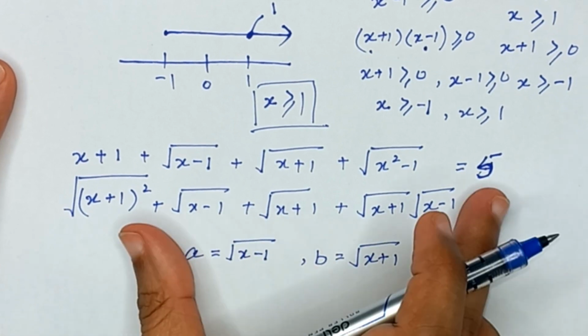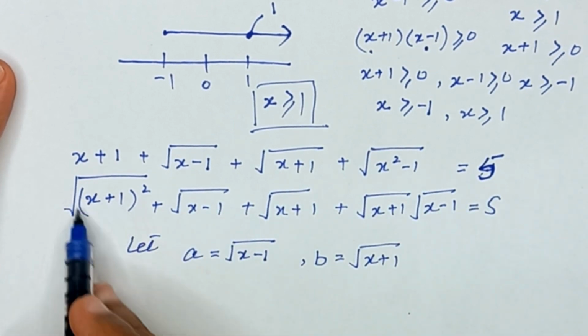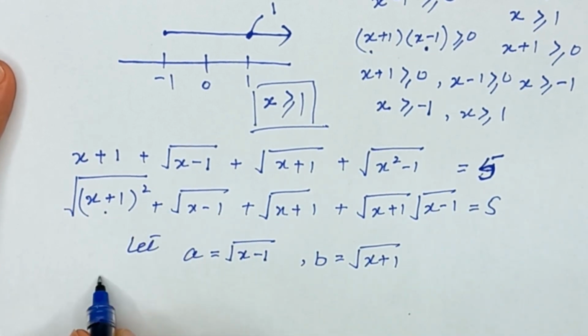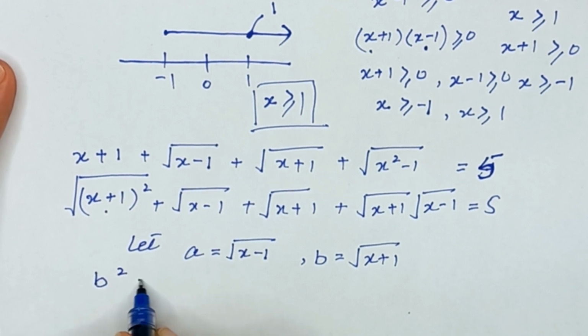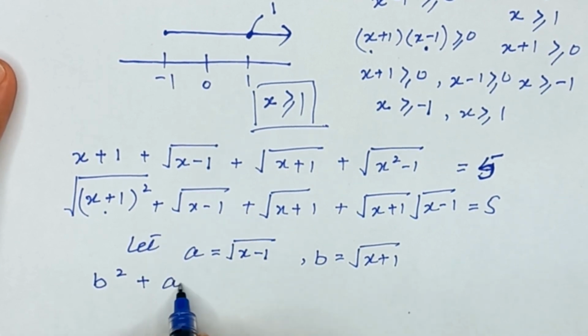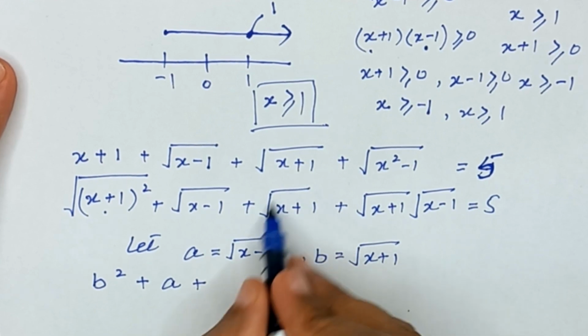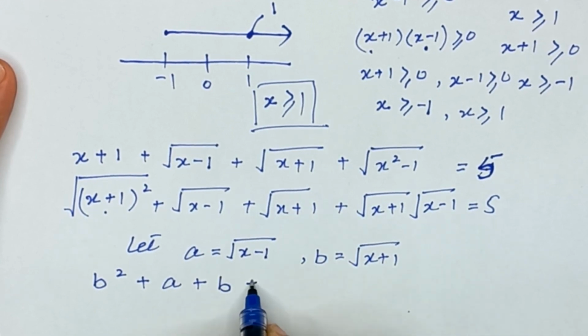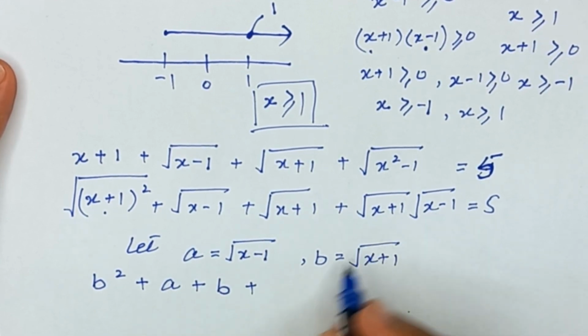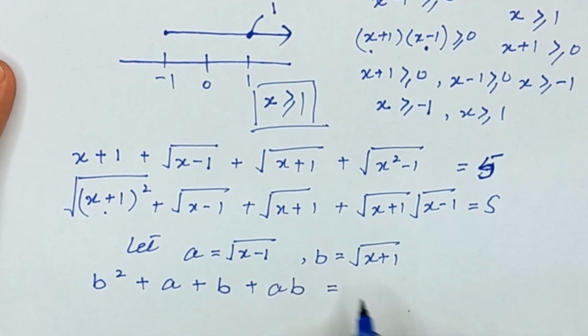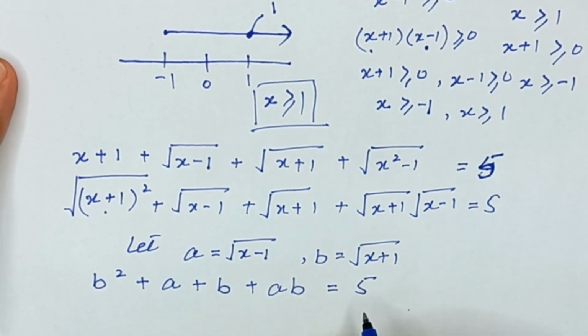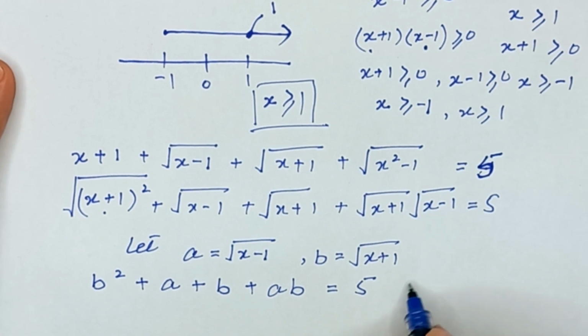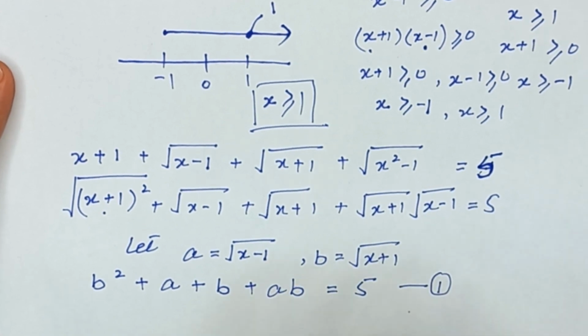So our above equation will become square root of x plus 1 is b and its square, so it will become b square plus a plus b plus a into b, and it is equal to 5. We will name it equation number 1.